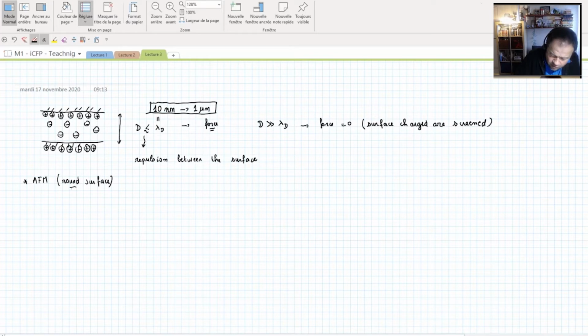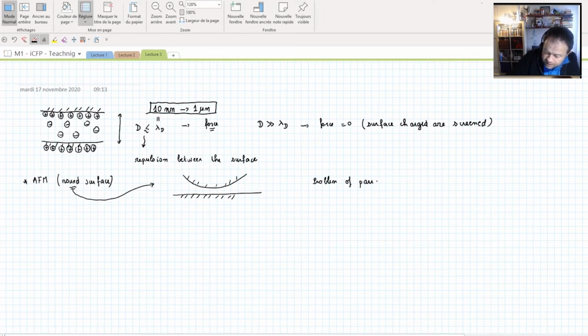We will always have to deal with spherical surfaces, which means that the only thing that is easy to measure experimentally is the force between a sphere and a plate, and not the force between two plates, just because when we deal with this kind of distance, we will have a problem of parallelism.